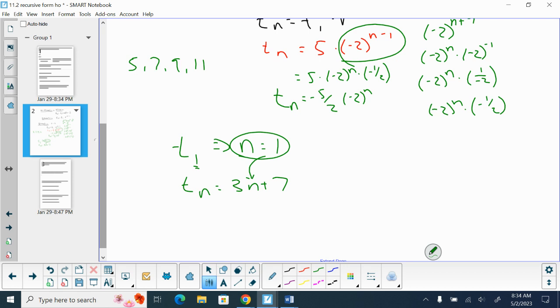All right, today we're going to talk about what's called explicit formulas. I don't know why. We're going to talk about what is called a recursive formula today.